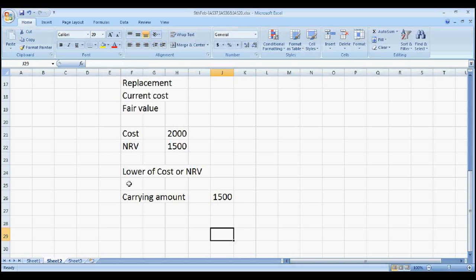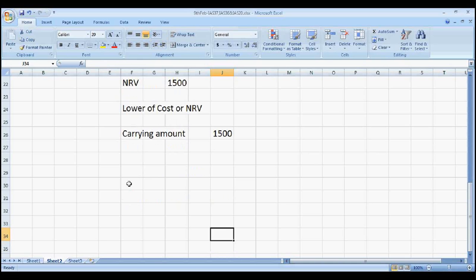Now if I have shown an asset in the books, there are two ways of recovering this value. When I have shown an asset at 1500, what do I mean? What does this 1500 indicate to me? That's the carrying amount, or value in use, or amount you can recover if you dispose of these assets.